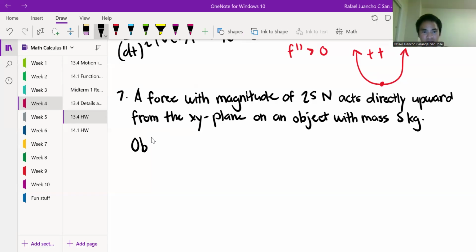So some force is acting on an object. I think it's pushing or pulling that object. So the initial position of that object is the origin with initial velocity, so let's just say V naught.